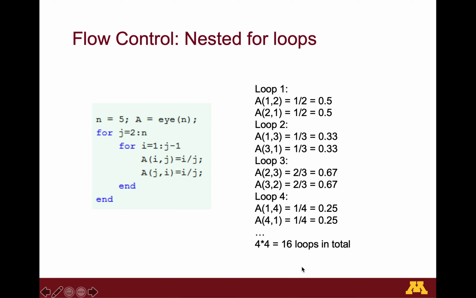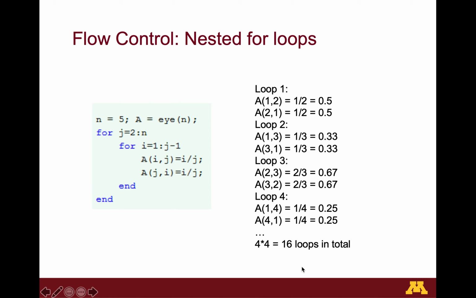If we look into the steps of carrying out the nested for loops, in loop 1, we have j equals 2 and i equals 1. In the first loop, we will generate two values. The first value is a_ij, which is a12.